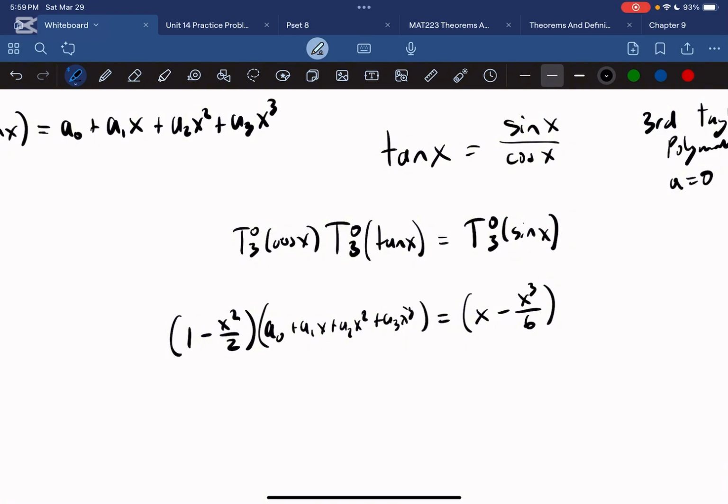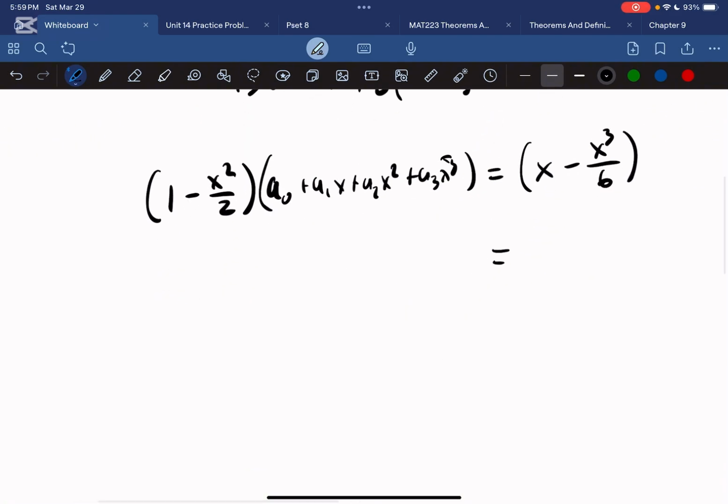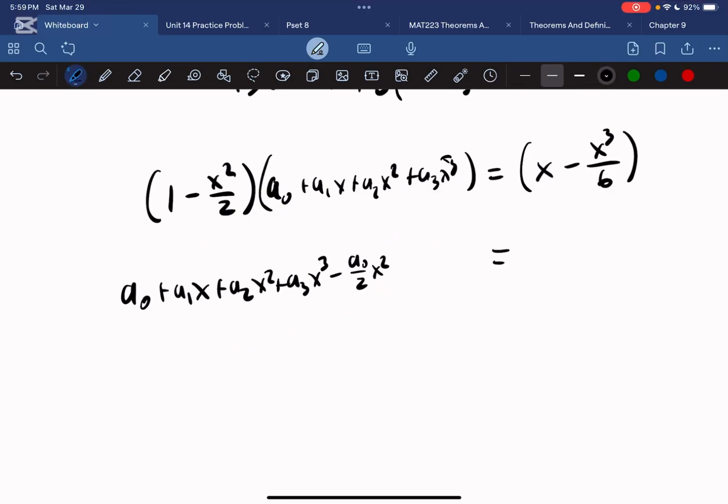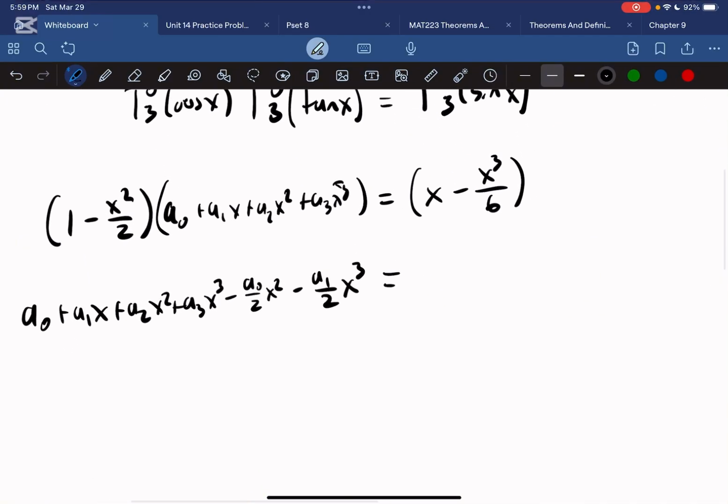And now let's expand the left side: a0 plus a1x plus a2x squared plus a3x cubed minus a0 over 2 x squared minus a1 over 2 x cubed. And keep in mind, we don't keep on going. We only want up to degree 3, so we only care about the terms that are degree 3.